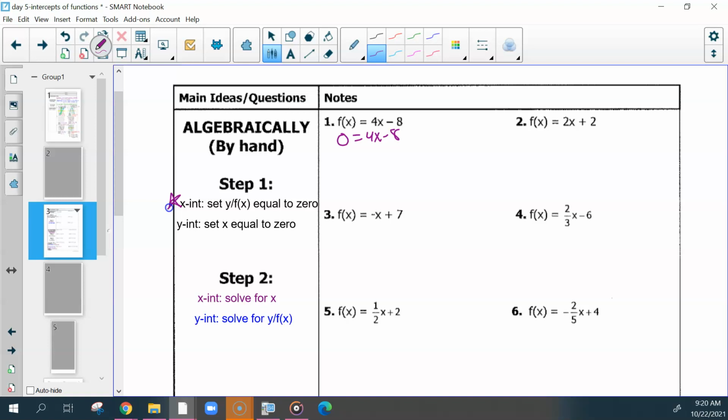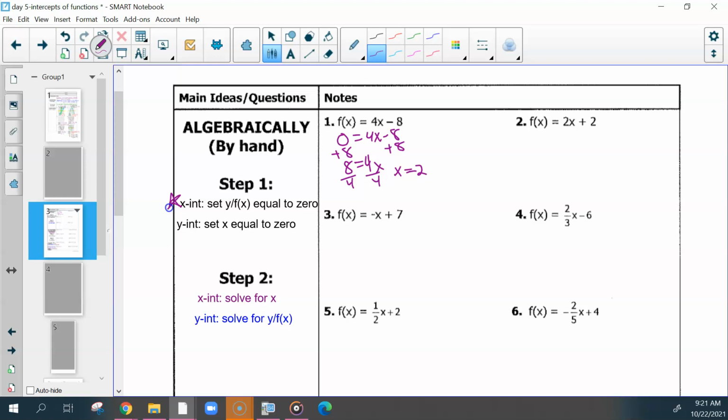If you need more space, you can either write on the back, the very last page, or you can get additional paper. Add 8 to both sides. And divide both sides by 4. So once you have solved it, you still need to put it back in your ordered pairs.